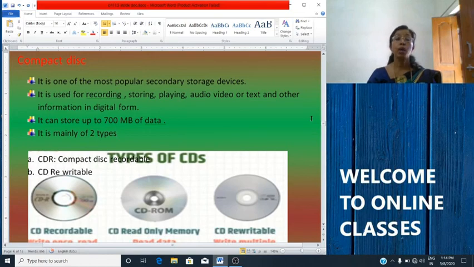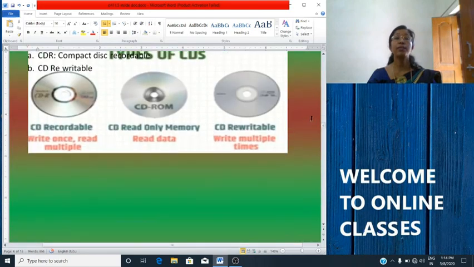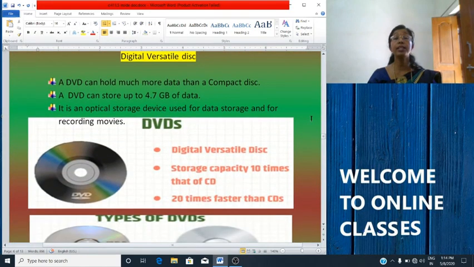Okay. Now we will move to the next device, that is digital versatile disc, a DVD. A DVD looks like a CD but can hold much more data than a CD.